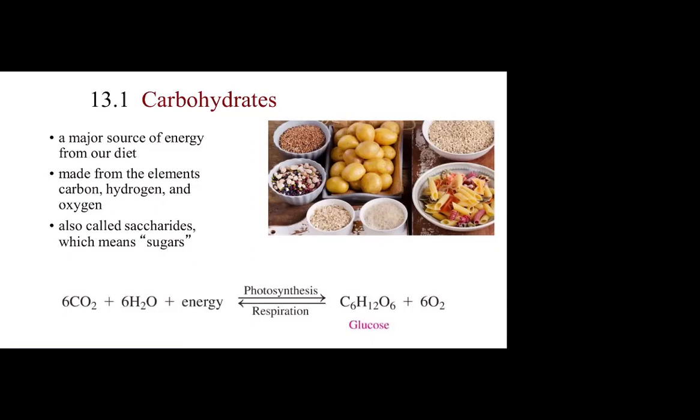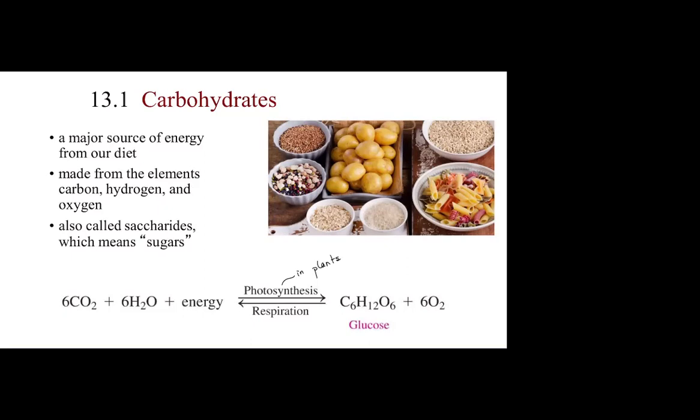In the forward direction, CO2, H2O, and energy come together through the process of photosynthesis, which happens in plants. Nature is synthesizing a carbohydrate called glucose. Glucose, as we're going to see later in the chapter, is a monosaccharide.